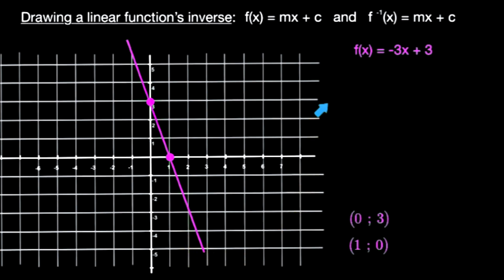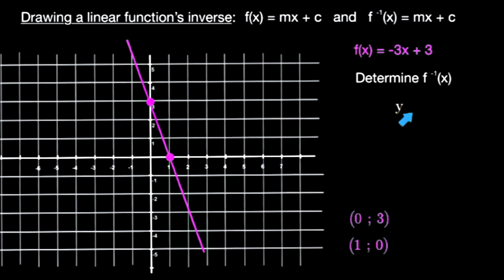Now what we want to do is go from our original function and determine the inverse. This is quite easy. The first thing I'm going to do is write that we want to determine the inverse, and look at how I write it, just to show you that I'm going to calculate the inverse. We take this original function and in the place of f(x) I'm just going to write y to make it easier.